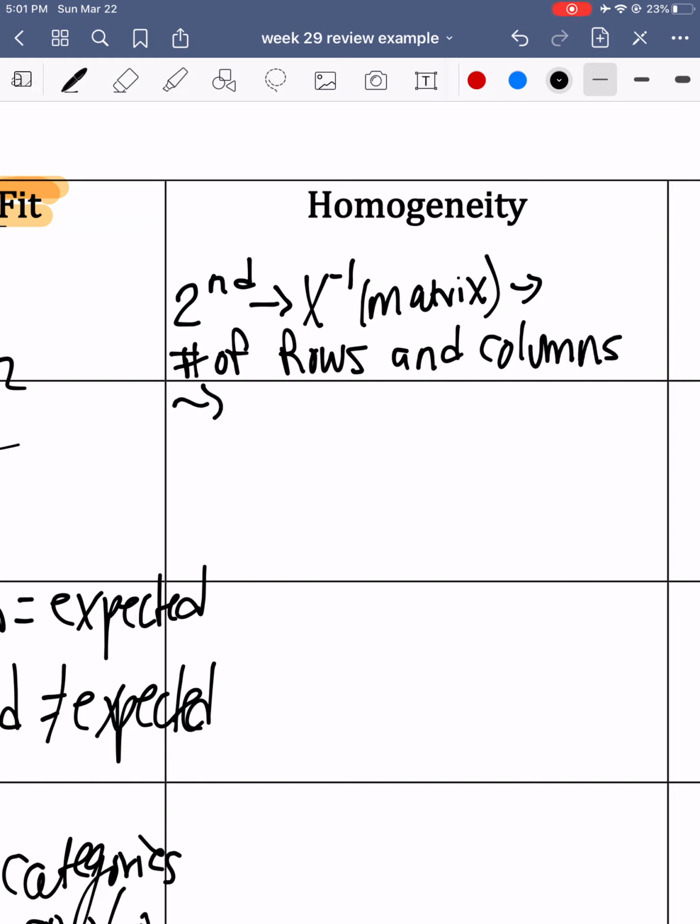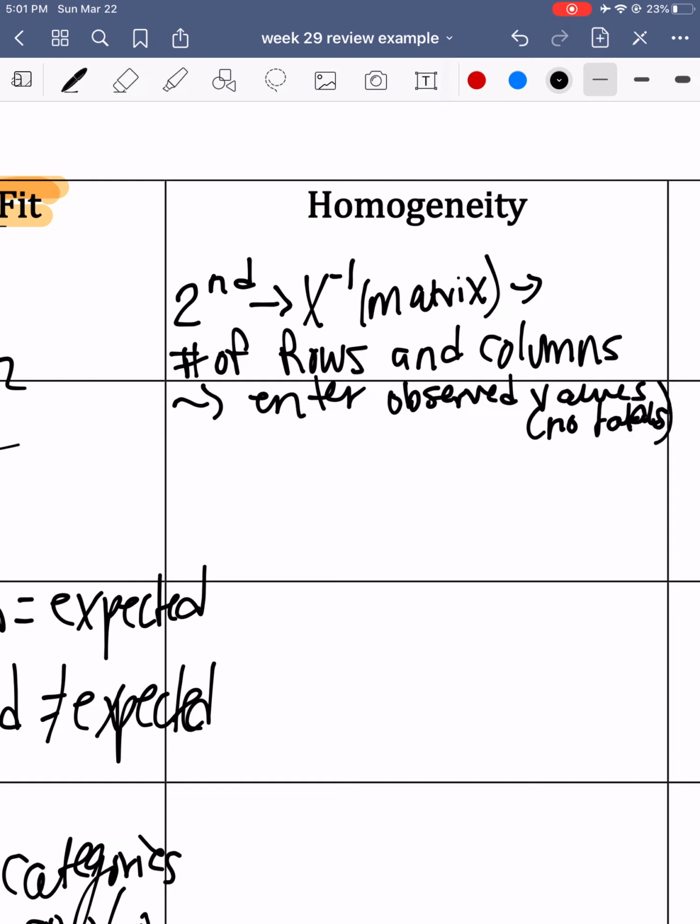Then we enter the table values, only the observed values, so no totals.